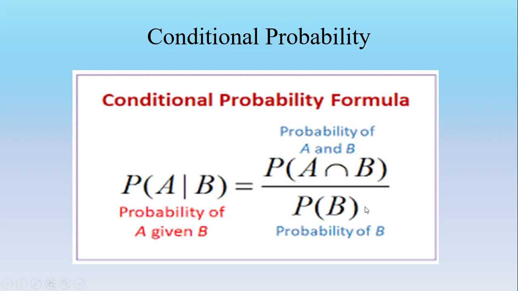Probability of A given B is equal to the probability of A intersection B divided by the probability of B, where the probability of A intersection B is the probability that both events A and B occur. This may be visualized as restricting the sample space to situations in which B occurs. The logic behind this equation is that if the possible outcomes for A and B are restricted to those in which B occurs.